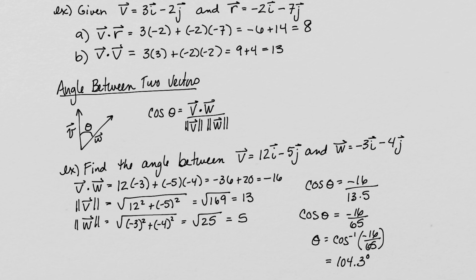Oh, yeah. So you can think of the cosine as x over r, but we think of that when we're dealing with stuff on the unit circle. 104.3 is not one of the common values that we think of on the unit circle. So I'm not trying to think about this as really being x over r.